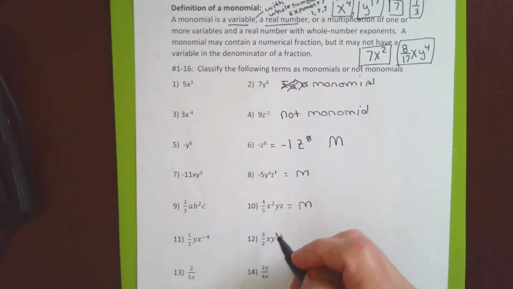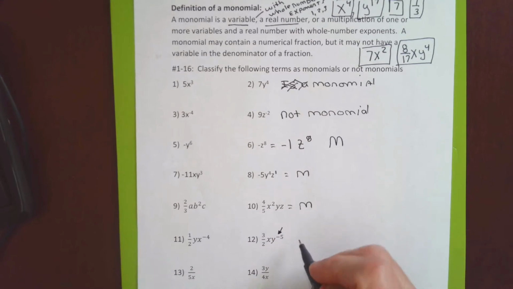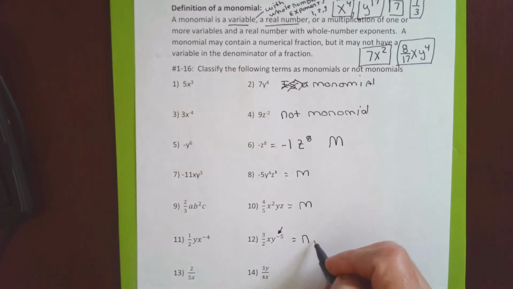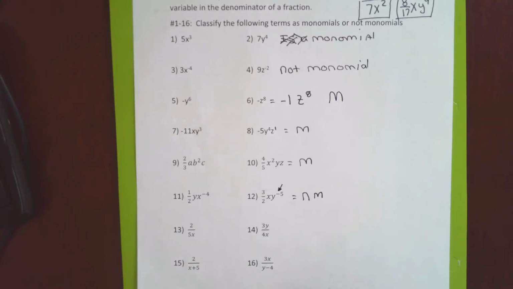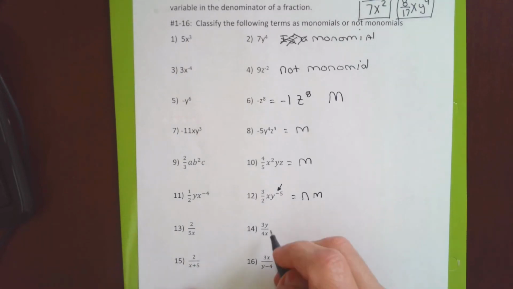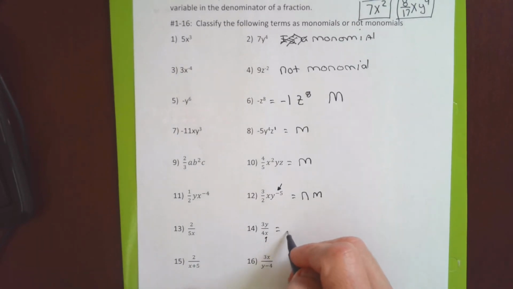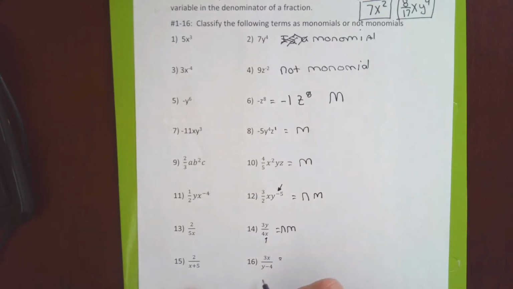In problem 12, the exponent of -5 makes this not a monomial. In problem 14, the letter x being in the denominator makes it not a monomial. And in problem 16, a letter being in the denominator and a letter having a negative exponent makes it not a monomial.